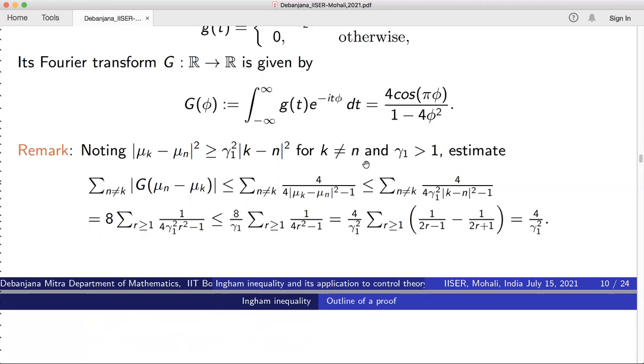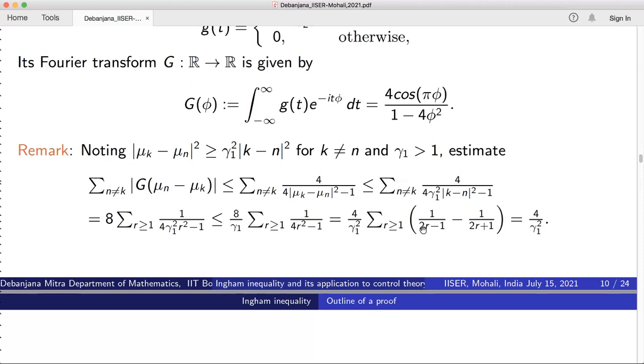Using these two, afterwards it is a straightforward calculation. Exploiting all these properties, ultimately you can bound this sum in some particular way. So at the end, what you get is 4 by gamma 1 squared. We used that gamma 1 is strictly greater than 1 at some point.